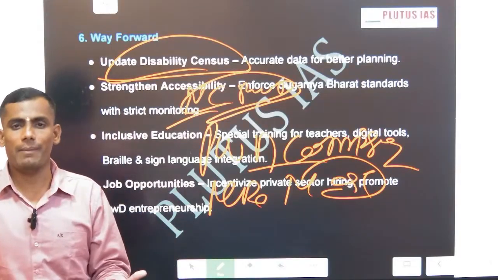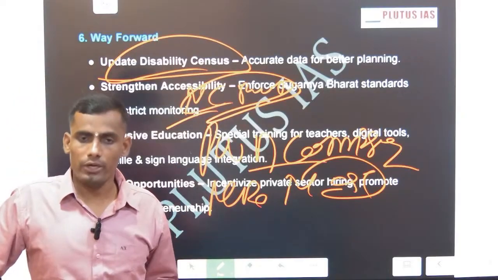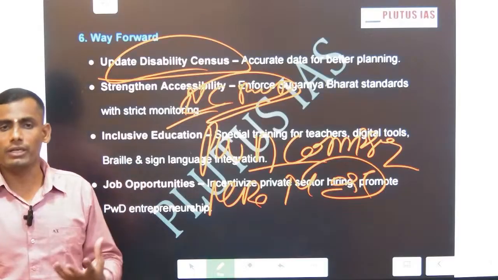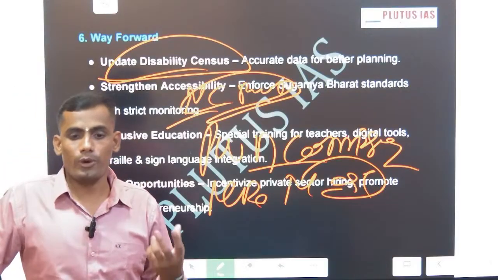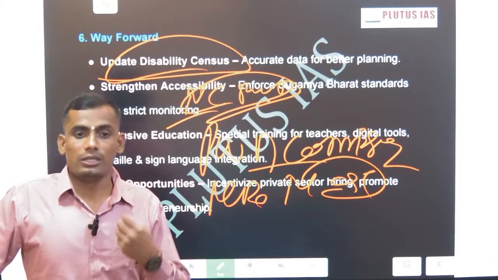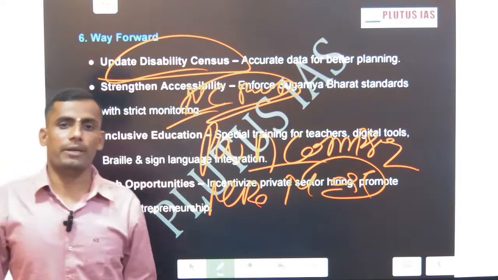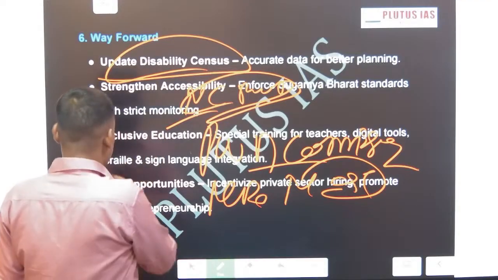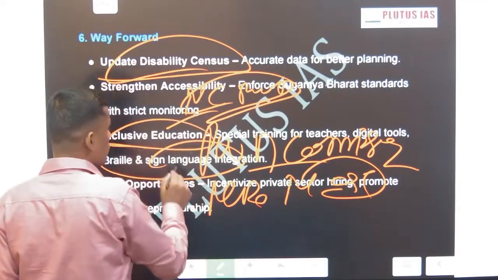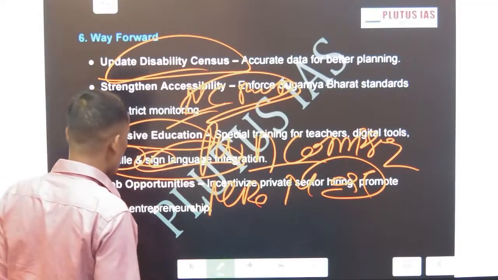Once the disability happens, through wearable devices, cooperative federalism, monitoring, and providing digital access and digital services, the government can address the challenges of persons with disabilities. Even language inclusion, like Braille and sign language, and job opportunities.